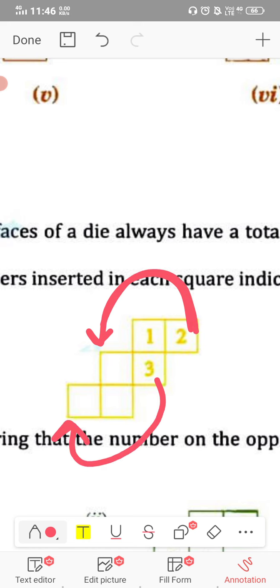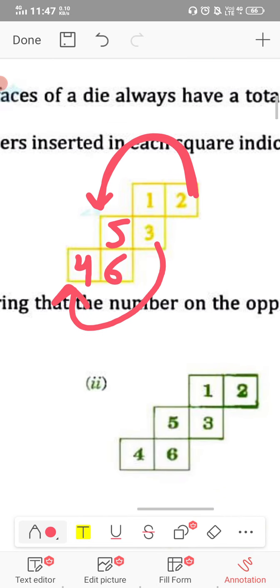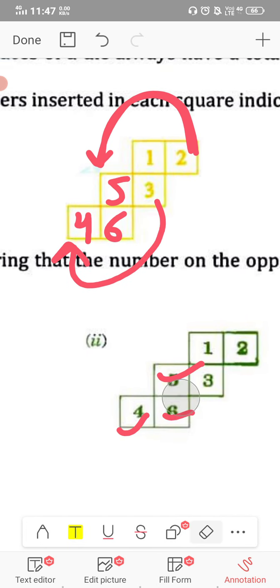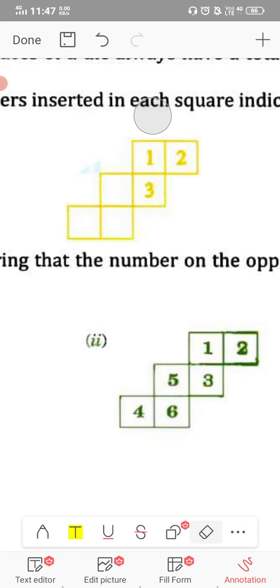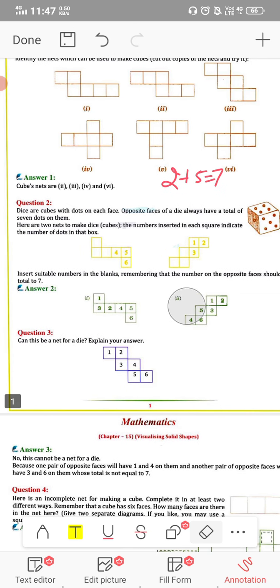For 2 we know that 2 plus 5 will give you 7, that's why it will be 5, and 3 plus 4 will give you 7, that's why this is 4. So the left place will be 6. Now when we see the answer, it is 5, 6 and 4. So for filling the numbers of a cube, or for making the net of a cube, we must know the opposite faces of the numbers. Now moving on to the next part.